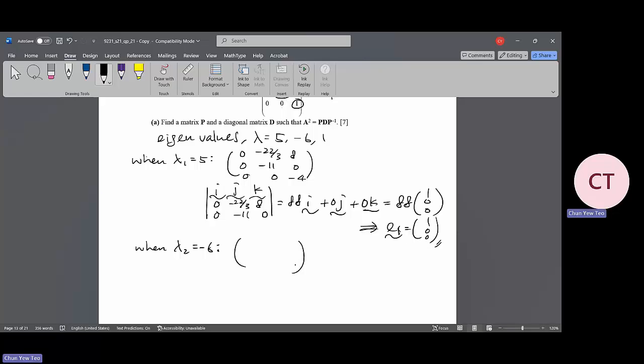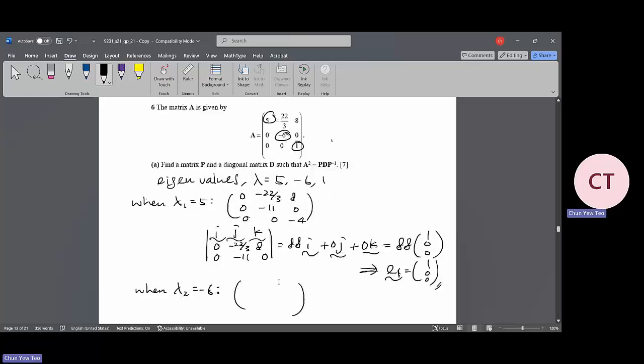So your matrix this time, with -6 subtracted from each diagonal entry, will be 11, -22 over 3, 8, 0, 0, 0, and 0, 0, 7. The middle row, all 0, cannot be used.